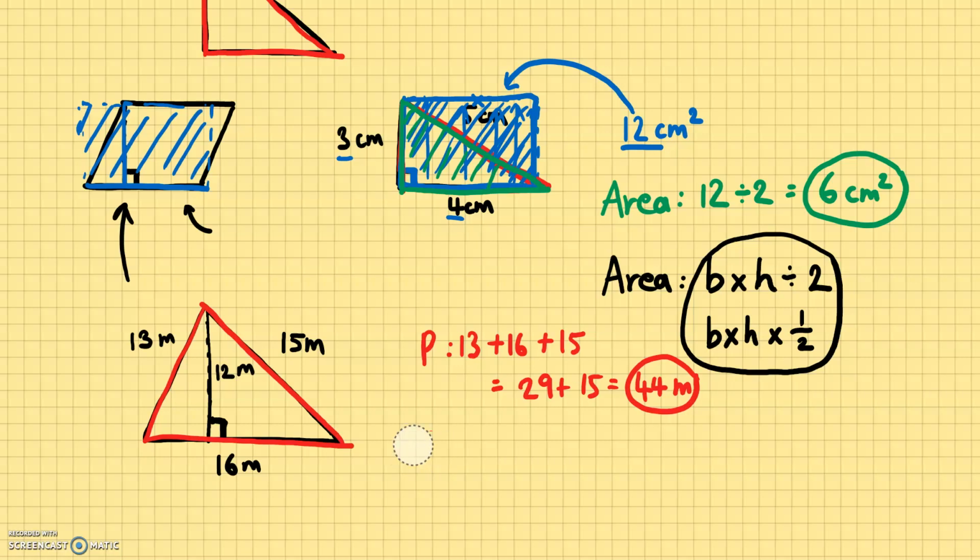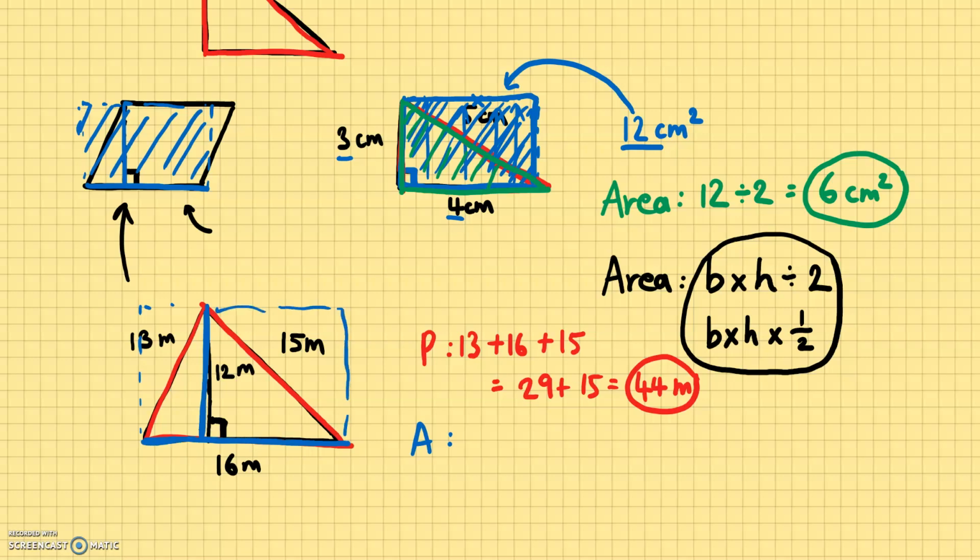Well, let me use a different color for area. And again, for area, you need to find the sides that are perpendicular to each other. If you do just the base times the height, you will get this area right here, right?